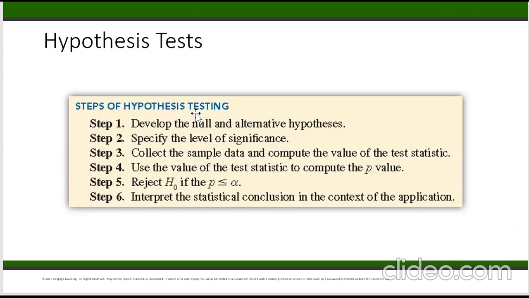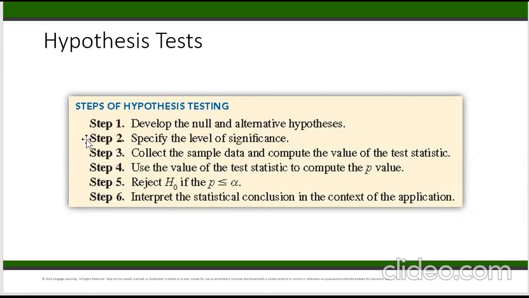You may have a one sample test, two sample tests or multiple sample tests. But in general, these 6 steps should be completed for any type of hypothesis testing, regardless of the number of samples, regardless of the type of population parameters. Now, what are these 6 steps?